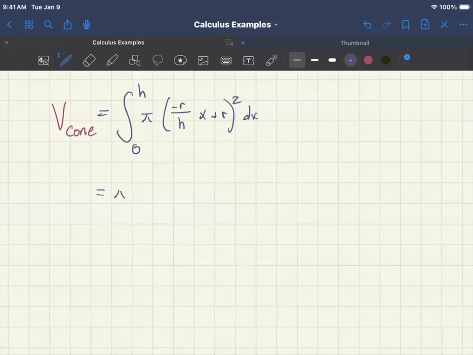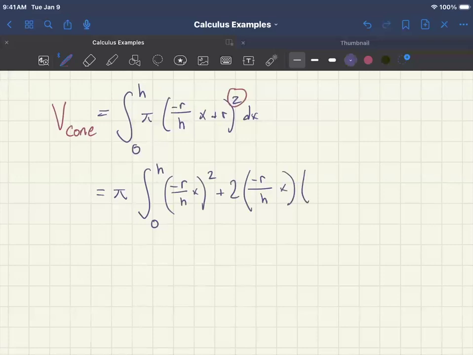I'm going to pop out that pi because it's a constant, so we can just move that to the outside of our integral. On the inside, we're going to square this out. So we are going to have negative r over h x, quantity squared, plus 2 times negative r over h x times r.